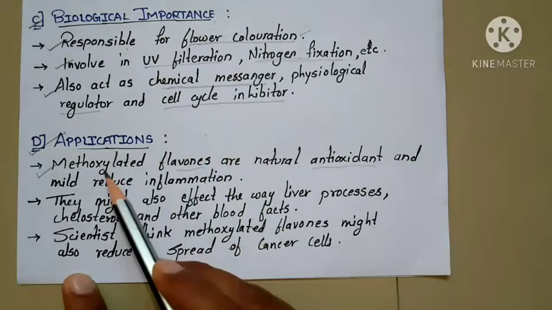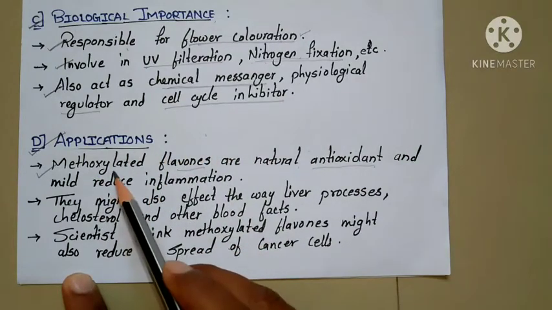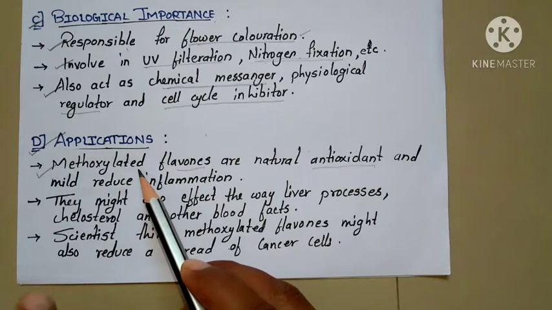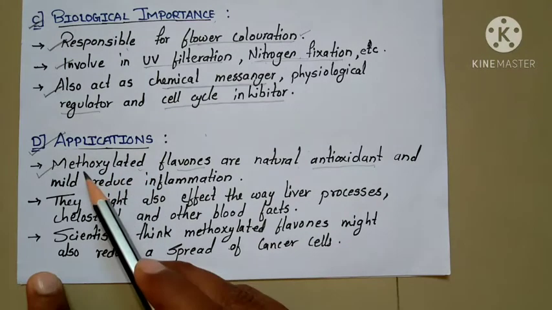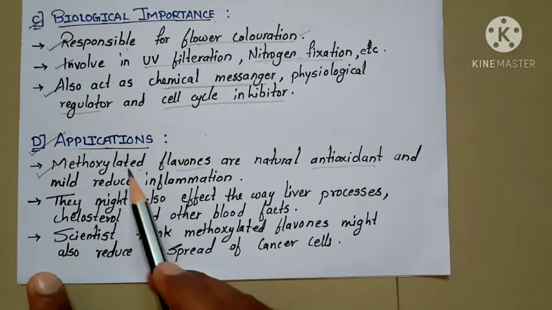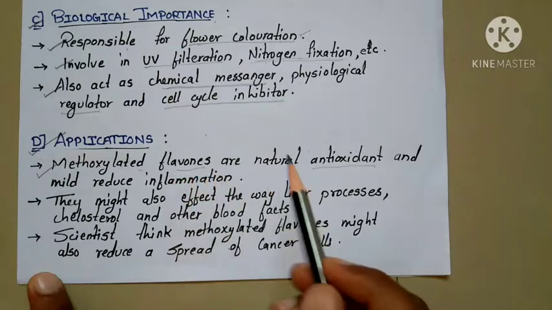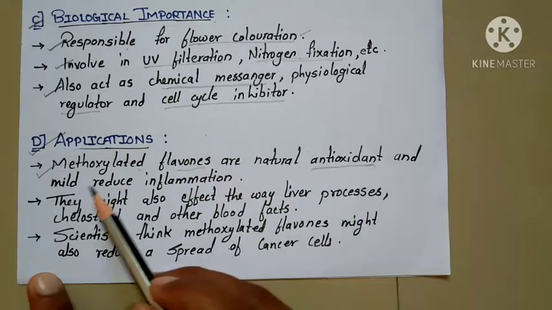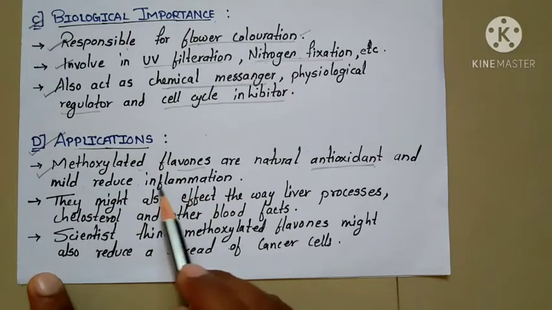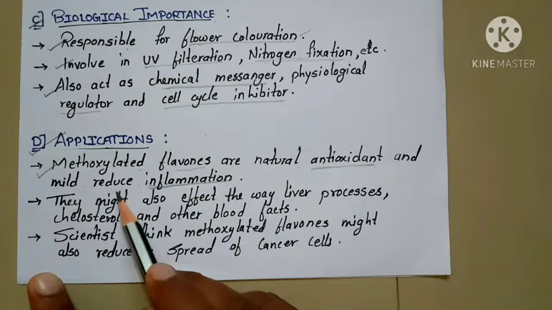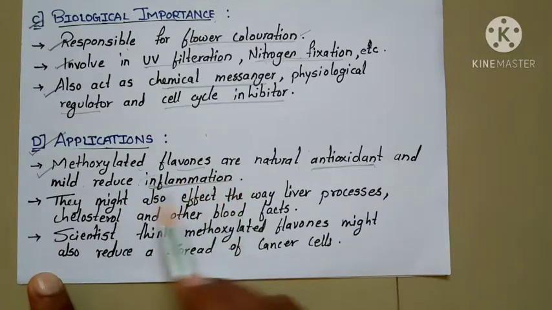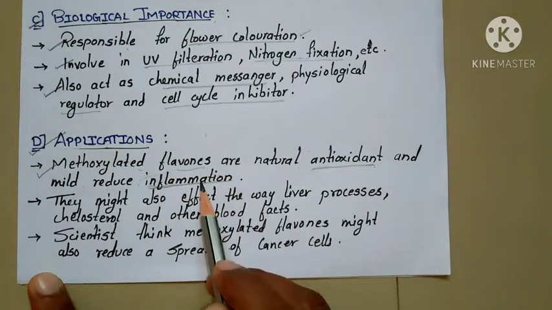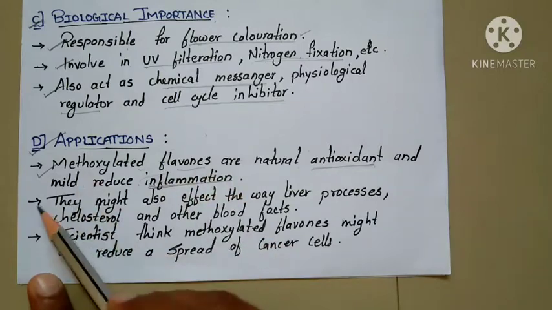Like this, when flavones undergo methoxylation, then those flavones are natural antioxidants and might reduce inflammation. Okay, reduce inflammation, that means pain relief in our body, that is the inflammation part.